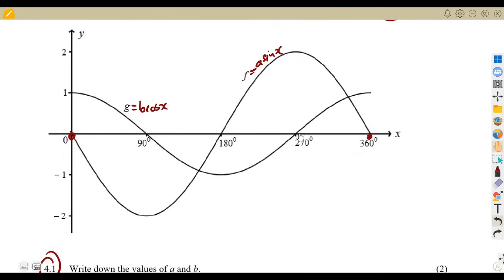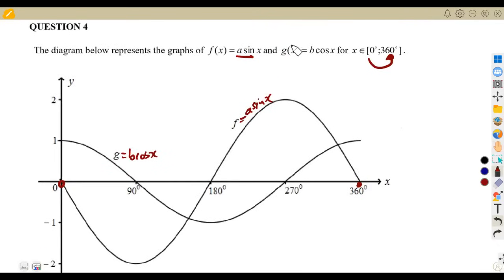So how do you know the value of a or the value of b? We have a formula that you can use, or you can simply check here where your graph reaches the maximum value. This a represents where your point is reaching the maximum value, but depending on the input at the point where you're supposed to have the maximum.